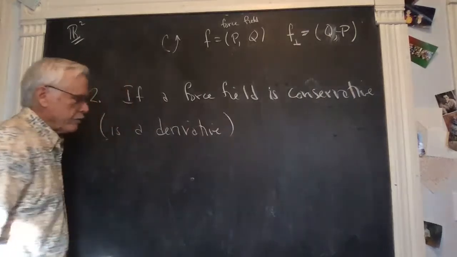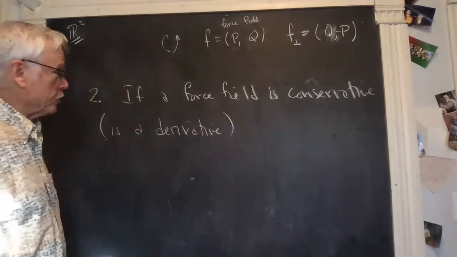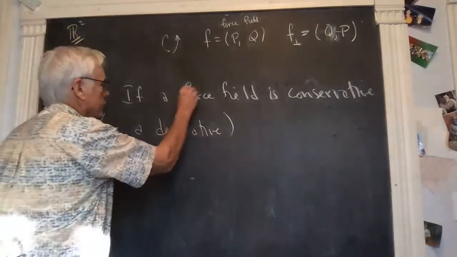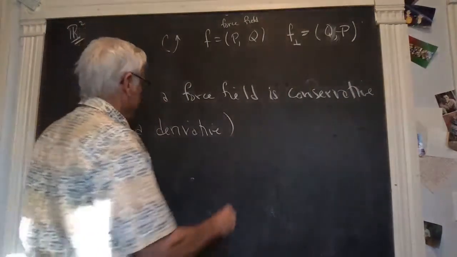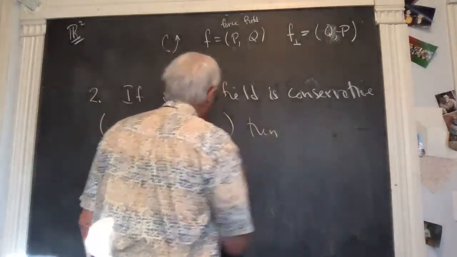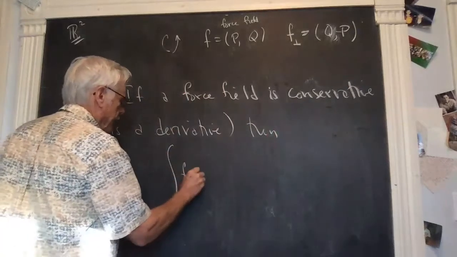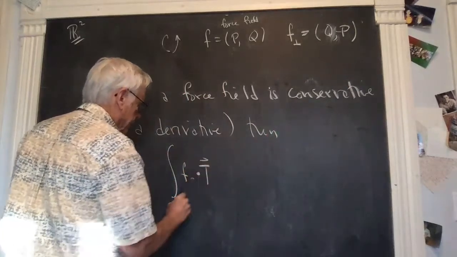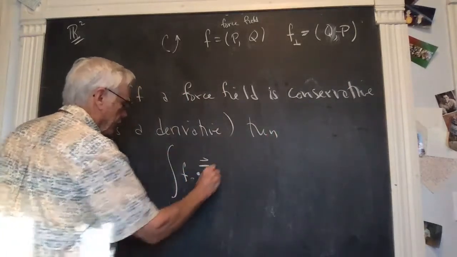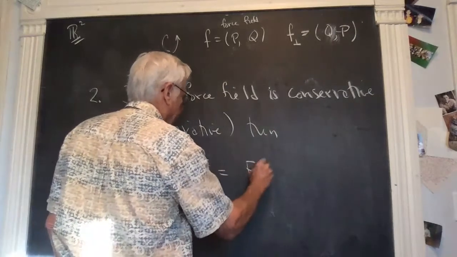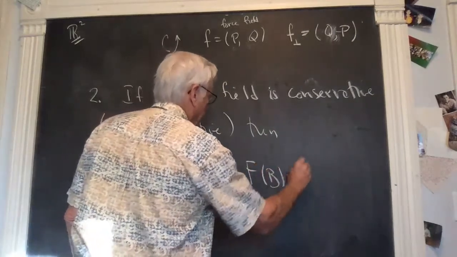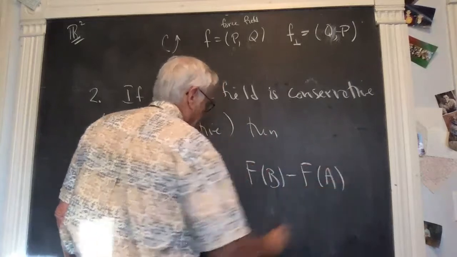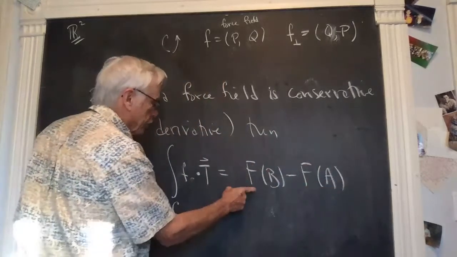By derivative, I mean it's a derivative of some other function. So if the force field is conservative, then this integral of F dot T over C is equal to F of b minus F of a, where this F is the antiderivative.